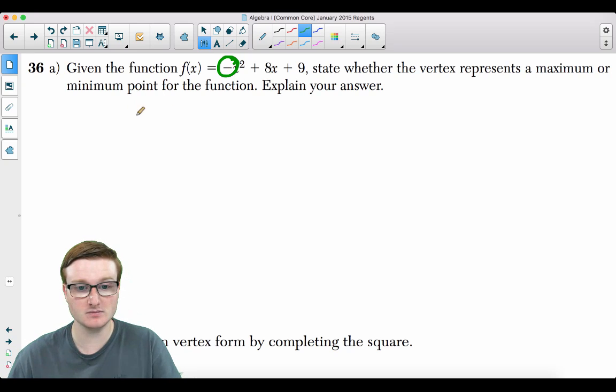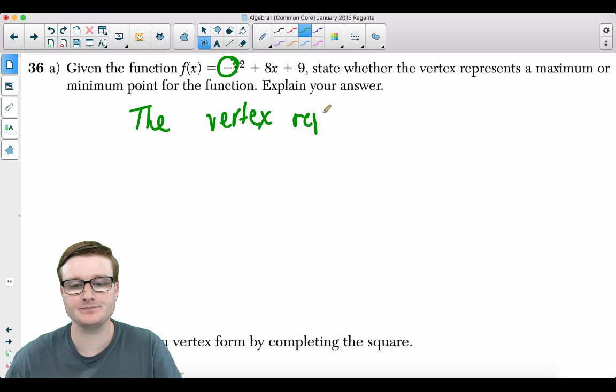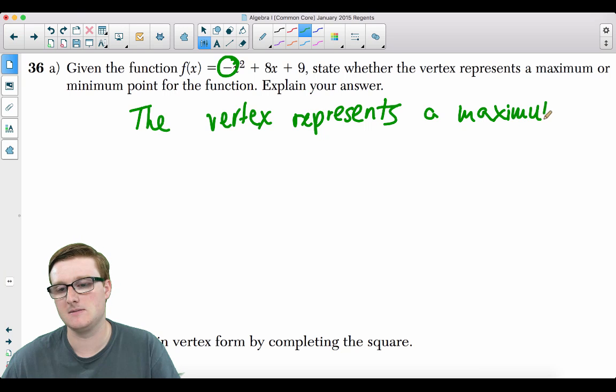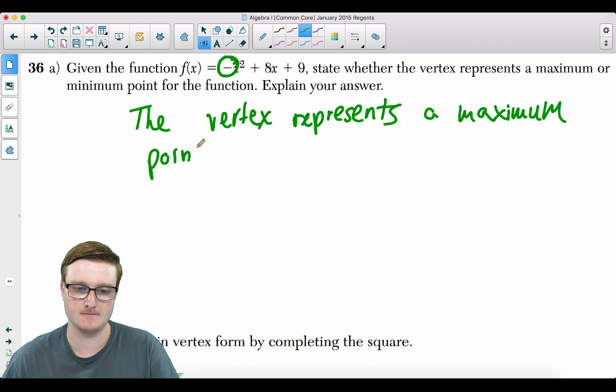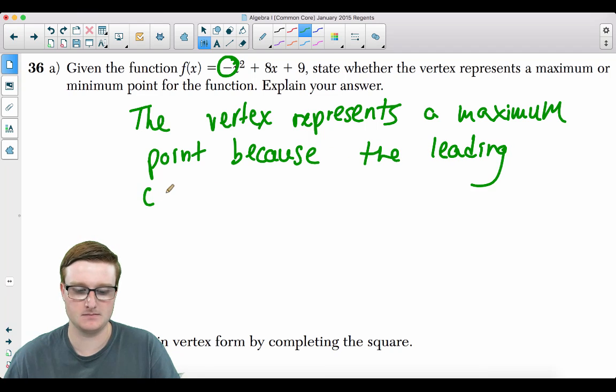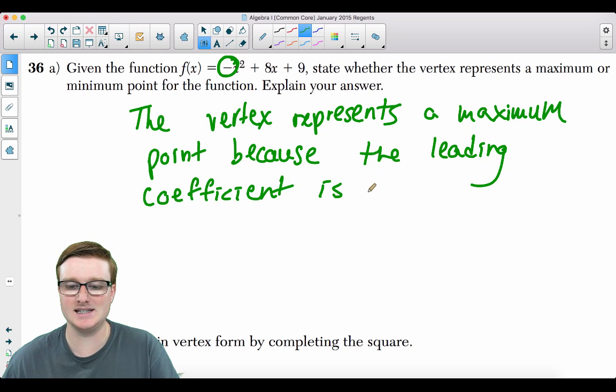So we're going to say that the vertex represents a maximum point, because the leading coefficient is negative.